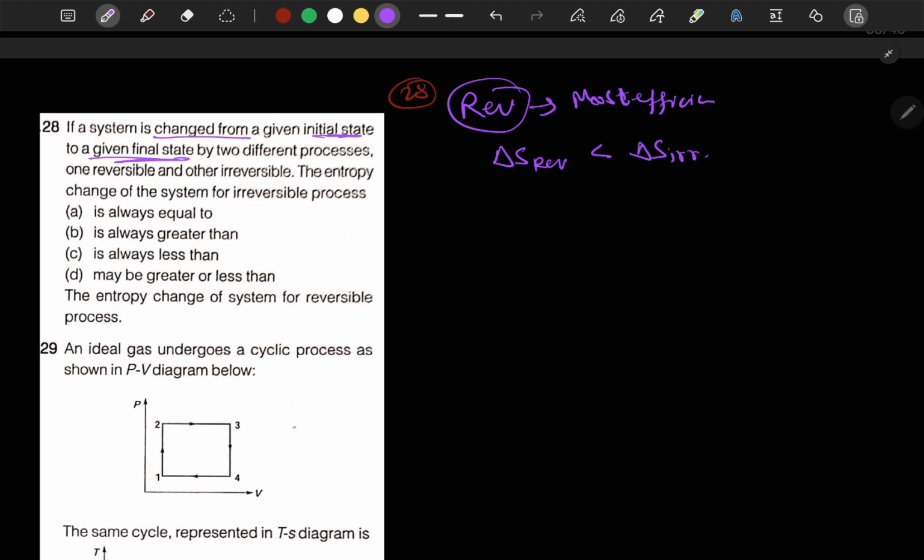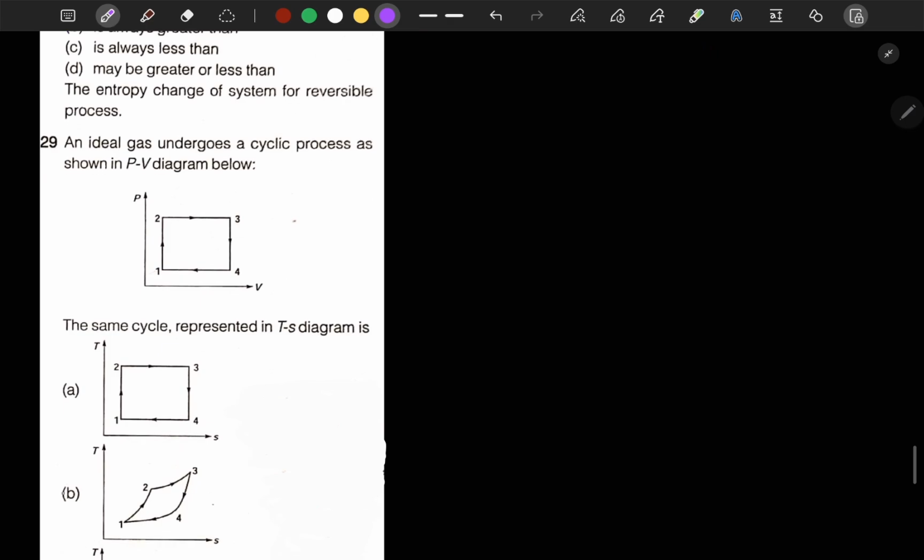So the entropy change of the system for the irreversible process is always greater than the entropy change for reversible. Now moving to the next question, question number 29.